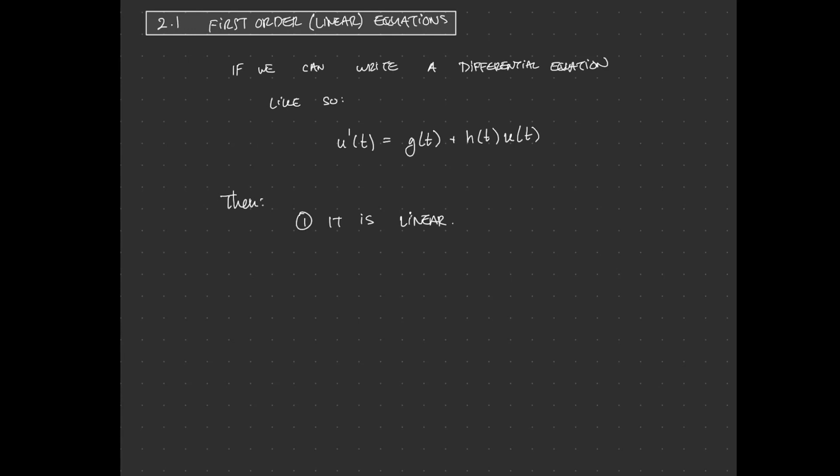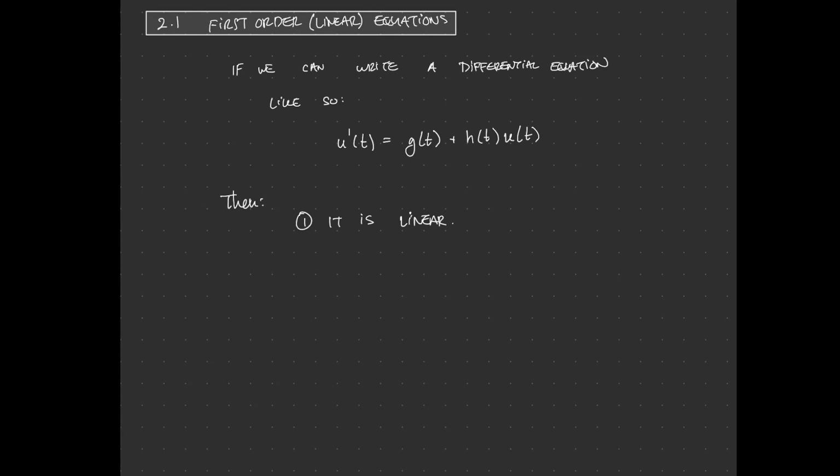As you can see here, g of t is a function of t. There's no u's here. h of t is a function of t. There's not going to be any u's here. u of t will be u as a function of time. This can have u or be u, but it won't have anything that is not a power of 1. And the left-hand side is obviously du dt.